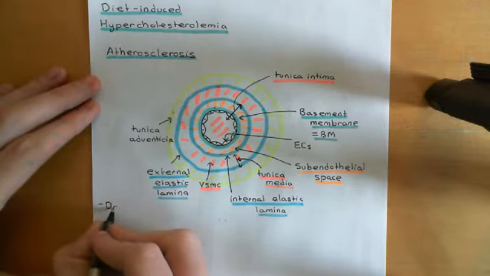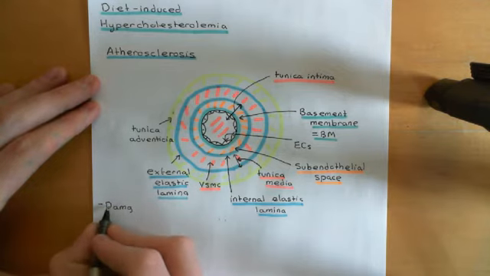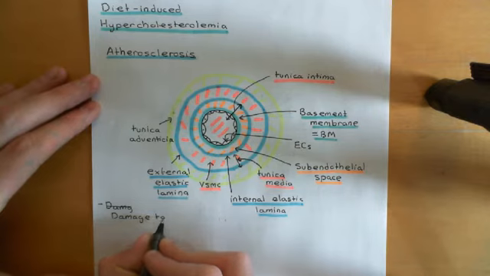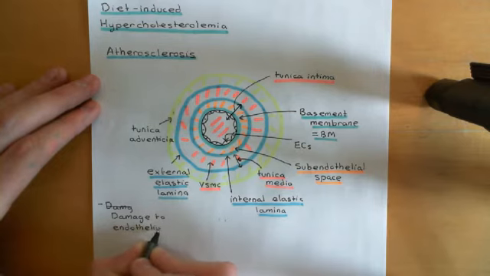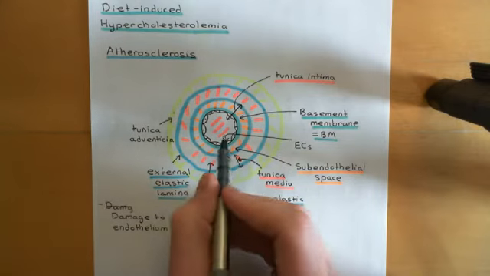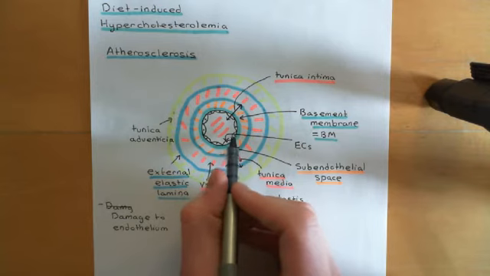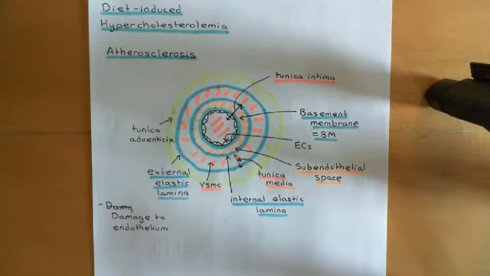Okay, so the endothelial cells are going to hugely misbehave in atherosclerosis, and they're going to start allowing LDL molecules in the blood to move across them into the subendothelial space, and they're also going to start recruiting inflammatory cells such as macrophages into the subendothelial space.